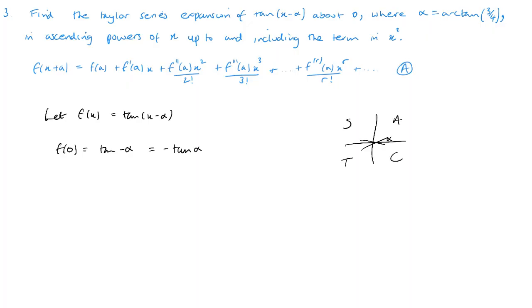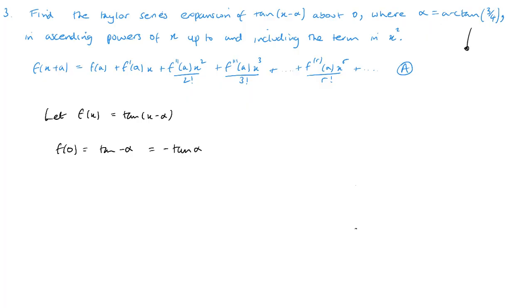If this is alpha, then minus alpha will be here. So that's why cos minus alpha would equal cos alpha. Sine minus alpha would equal minus sine alpha. And tan minus alpha would equal minus tan alpha. Okay, it's a quick way you can work out whether it's going to be positive or negative. Anyway, so we've got tan of minus alpha equals minus tan alpha.